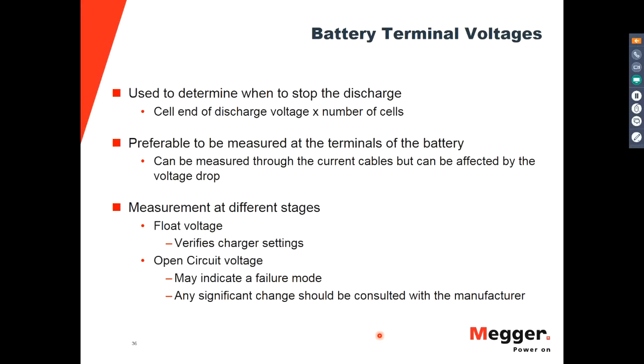Then you disconnect the charger, and there's a time that lapses between when you disconnect the charger and when you start the test, for the connections and getting everything set up. So that's the time the battery is without any float voltage. It's not being charged anymore, and that is what is called the open circuit voltage.